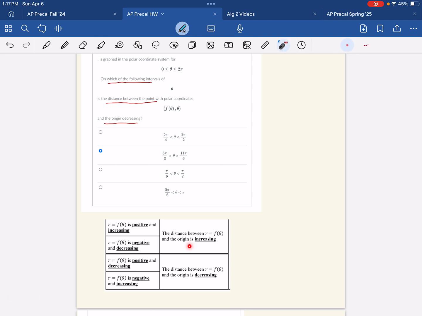I'm going to look at the second box: the distance between this polar function and the origin is decreasing if the function is positive and decreasing, so we have positive r values that are getting closer to the pole, or if the graph is negative but increasing. So negative r values, but if they're increasing, they're getting less negative and therefore closer to the pole or the origin.